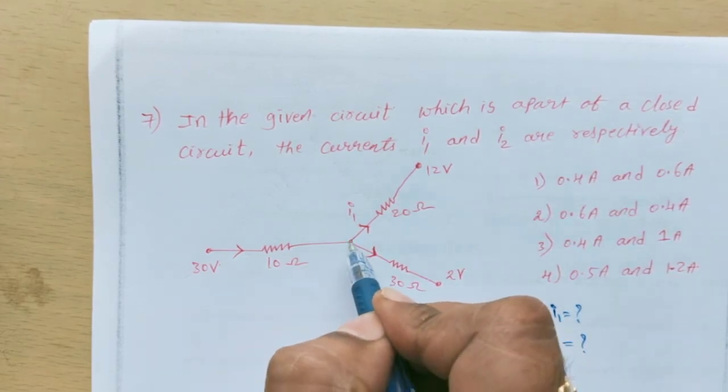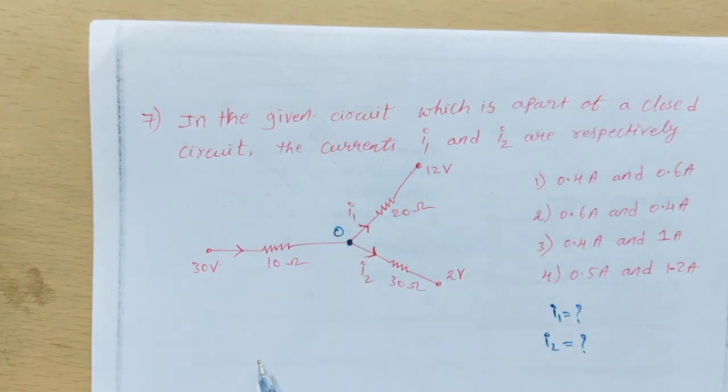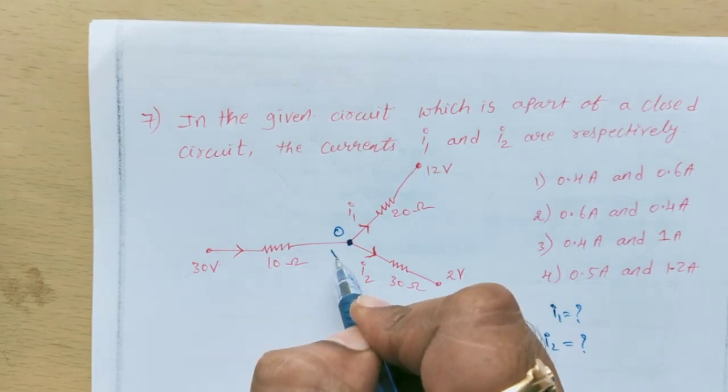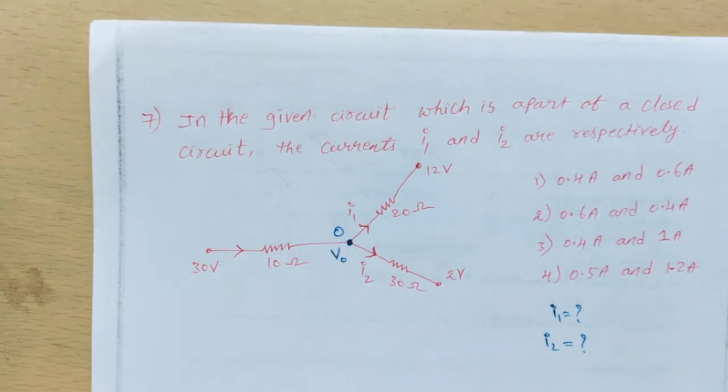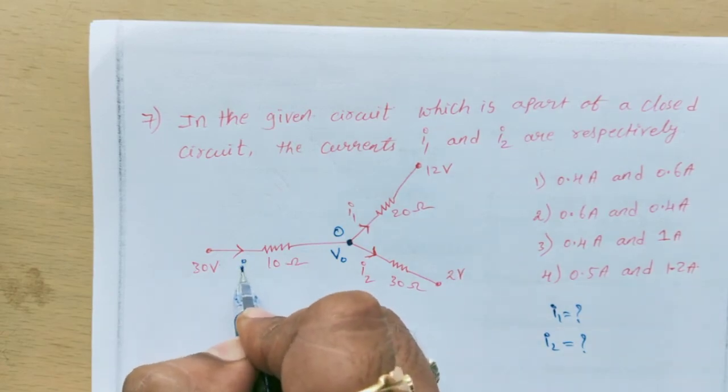Students, this is one junction we are observing. I am naming the junction O. At this junction I am representing some potential V naught. Observe carefully, imagine some current I is coming here.